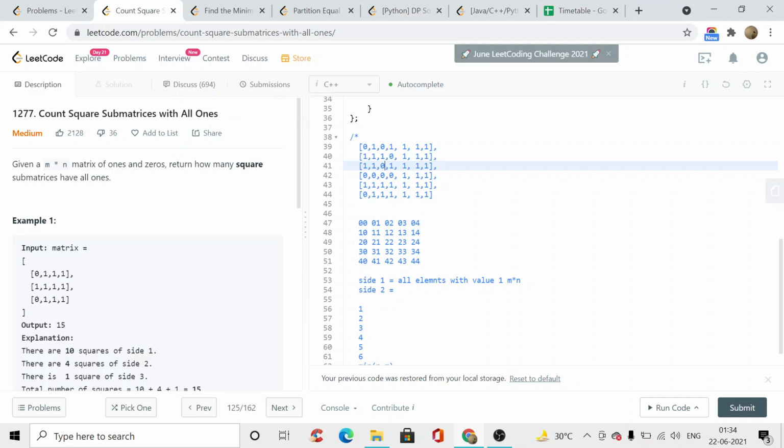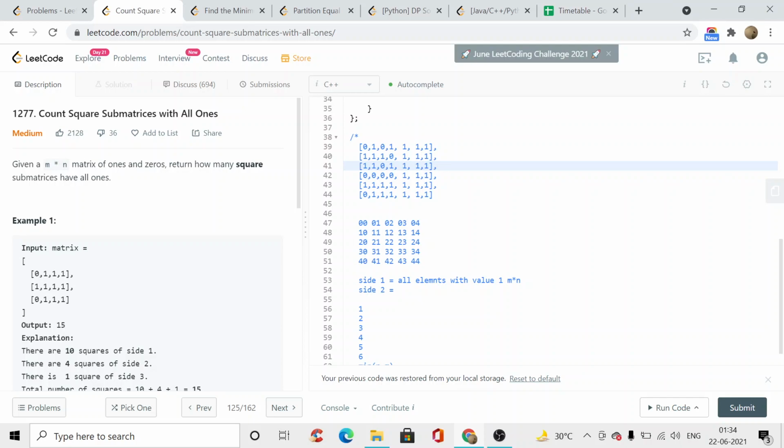like if all would be 1, okay, it would mean what? It would mean that this position is able to make a square matrix. This position is 1, it also means it's going to make a square matrix, and this is also going to make a square matrix. And this position, if it is 1, it means it is combining all these matrices and forming a bigger matrix. So we just add that value.